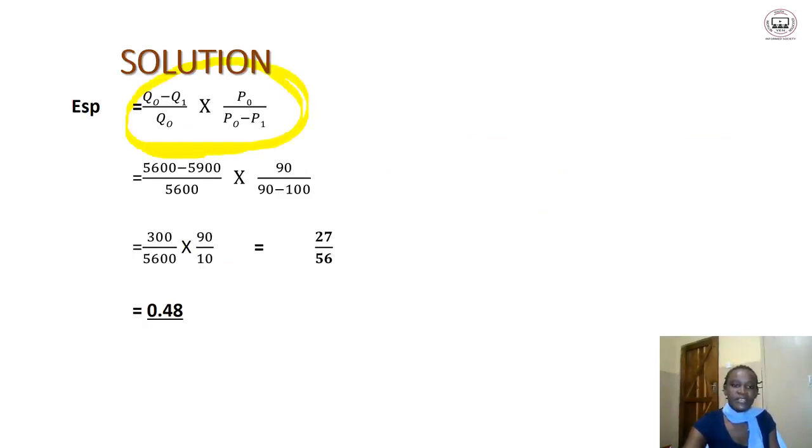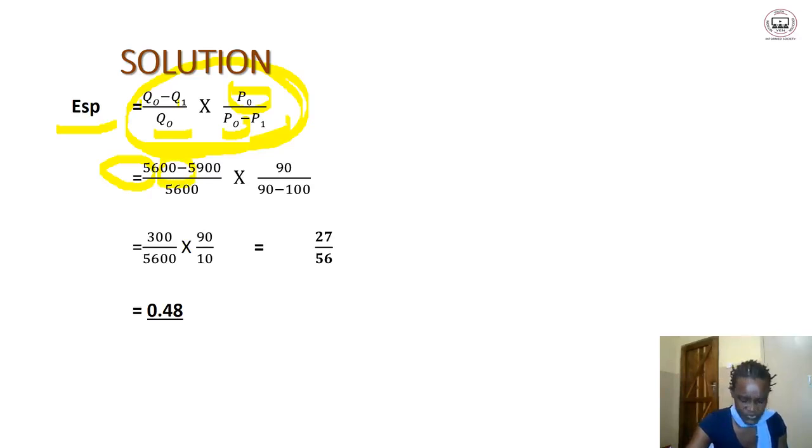As already mentioned, the equation for price elasticity of supply is original quantity minus new quantity divided by original quantity, times original price divided by original price minus new price. According to our example, our original quantity is 5,600 and our new quantity is 5,900.